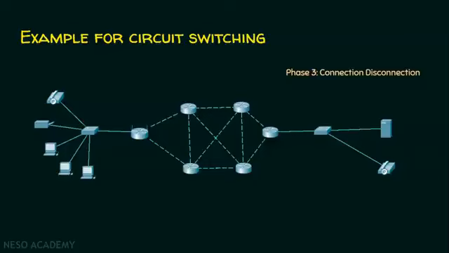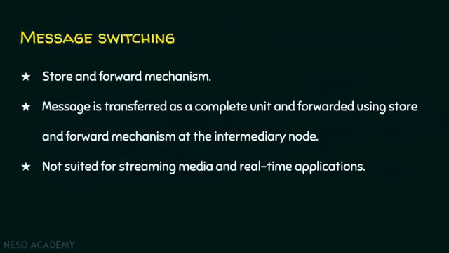Now we will see the second technique, the message switching. In message switching, it uses store and forward mechanism. It means the message is transferred as a complete unit, a single unit, and forwarded using store and forward mechanism at the intermediary node. If you don't understand this, just wait for my example.